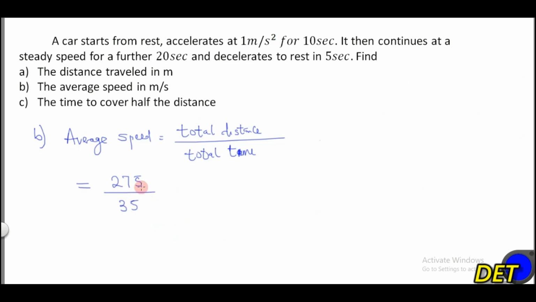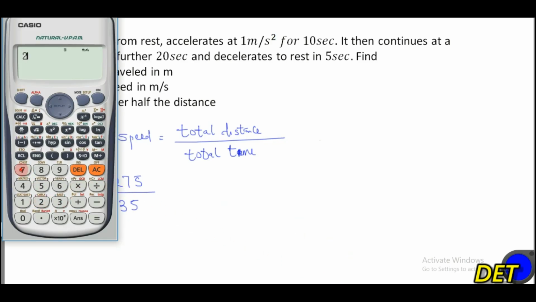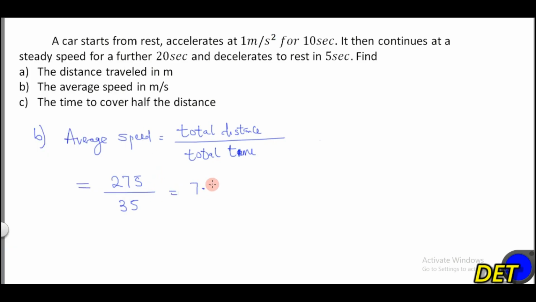So 275 divided by 35 will be equal to 7.86 meters per second. So this is the average speed of this motion, right?